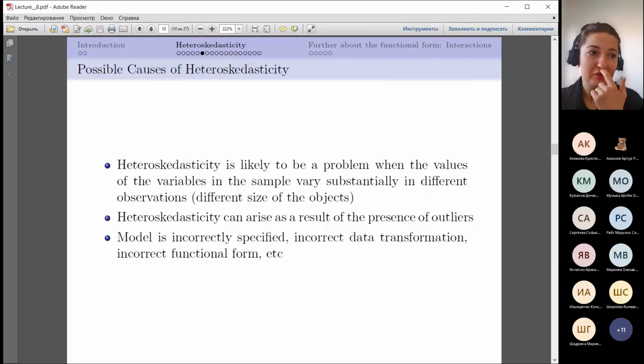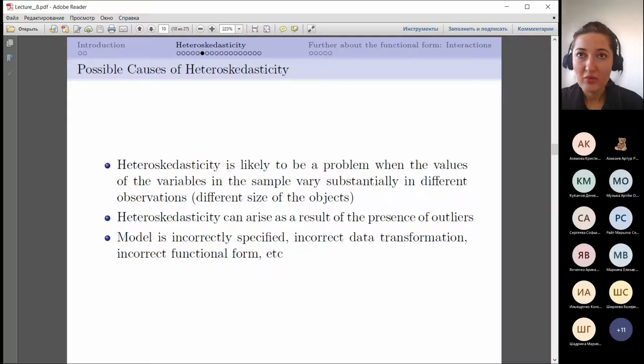And you want to find the relationship between, for example, the income and some other characteristics of the firms, and you can assume that firms who have larger income and, for example, a high number of employees, of course the variance in those firms will be higher if we compare with the small companies.